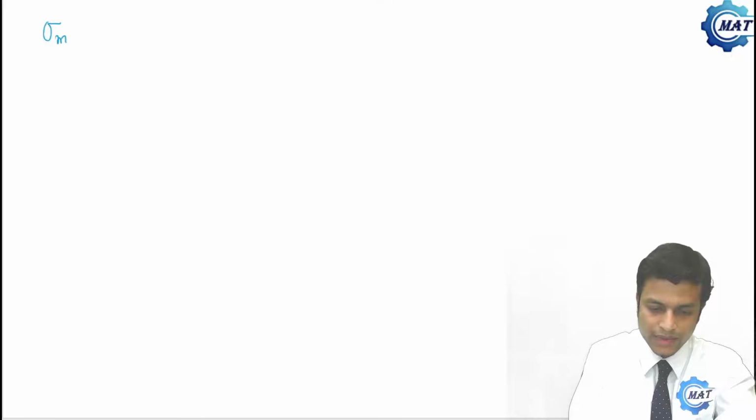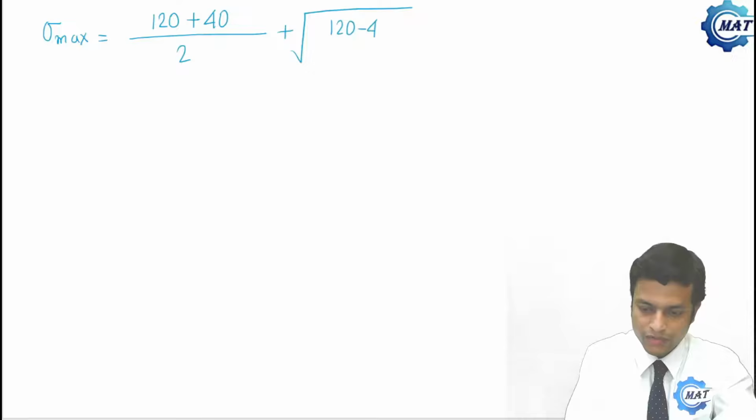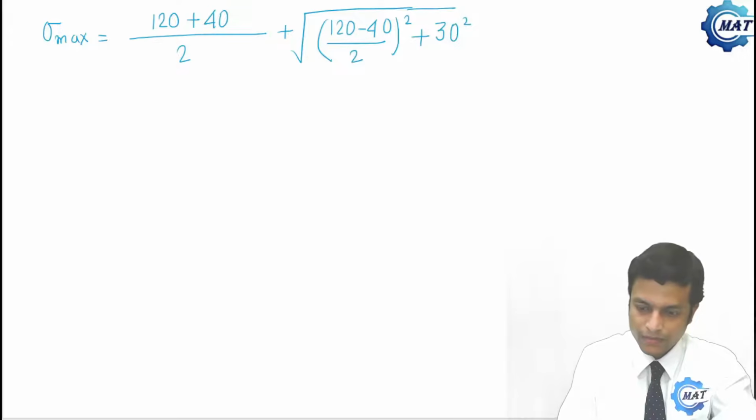So sigma max becomes (sigma xx plus sigma yy) by 2, that is (120 plus 40) by 2, plus root over ((120 minus 40) by 2) square plus 30 square.